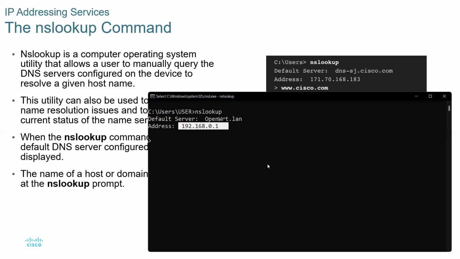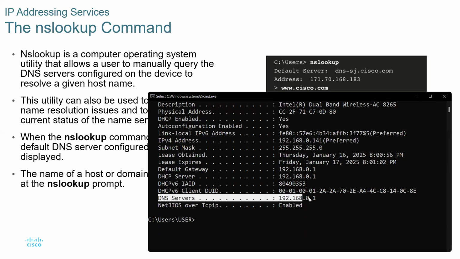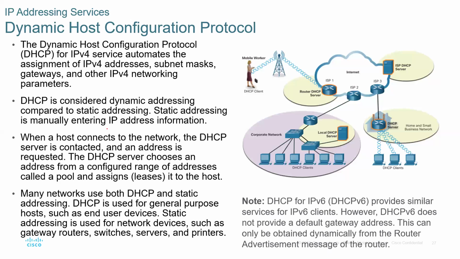How do I know it's our DNS server? If I come here, I type ipconfig /all. It's going to give me, can you see, this is my DHCP. Okay, see my DNS. So you see, DNS server, this is it. So when you type nslookup, it helps you bring out that.